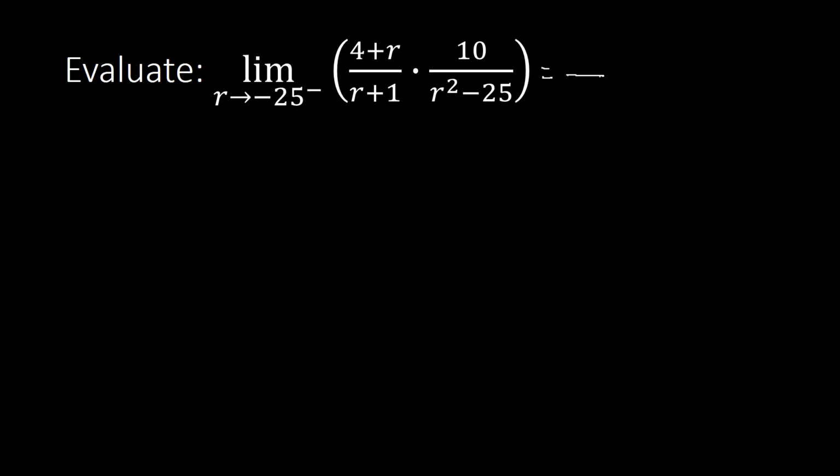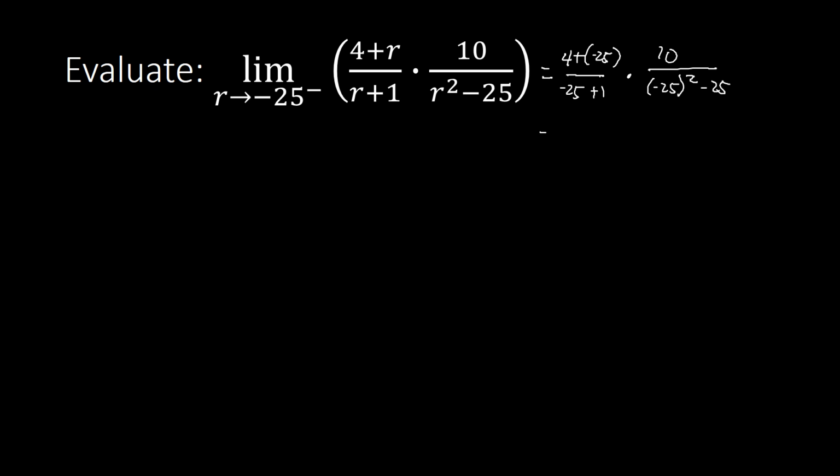So we have 4 plus r. So we have 4 plus negative 25. Our r here is negative 25. And then we've got r, which is negative 25 as well, plus 1, times 10 over r, which is negative 25 squared, and then minus 25.